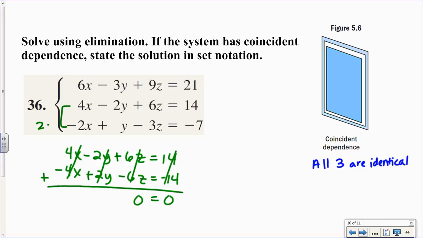So I'm going to check 2 other ones. And I still want to use this bottom one because I think it's easiest. So I'm going to do the top and bottom. And I'm going to multiply the bottom one this time by 3.